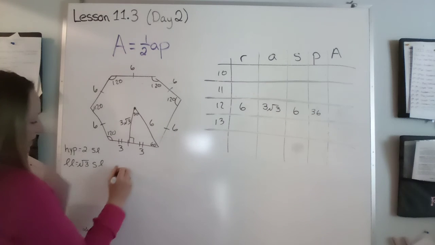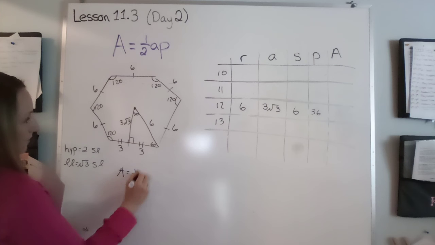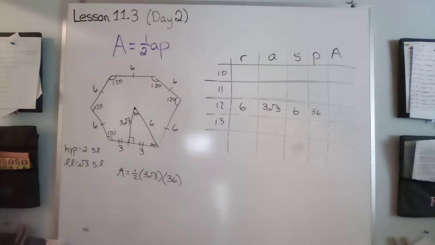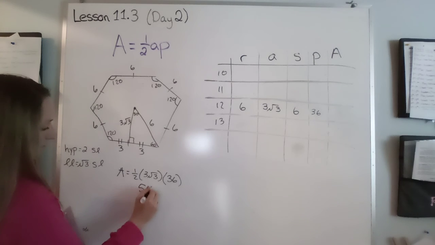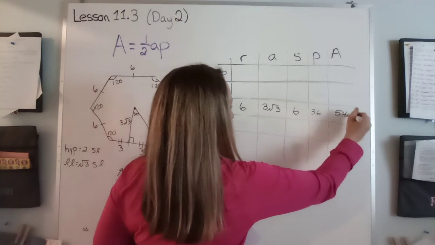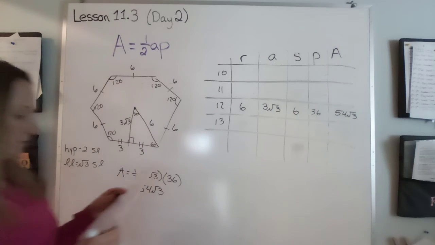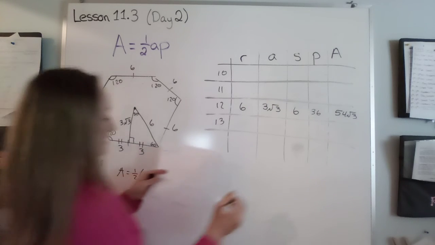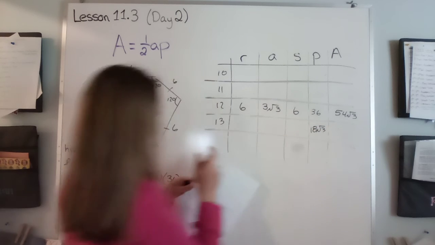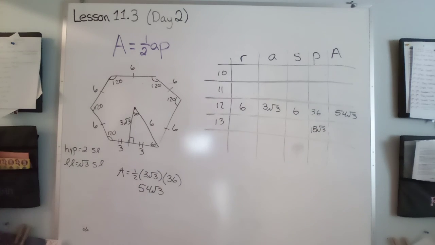And the area, 1/2 apothem times perimeter. Okay, so 1/2 times apothem times perimeter is going to give you 54 root 3. Okay, and for number 13, I'm given 18 root 3 for the perimeter. So let me erase what I don't need.